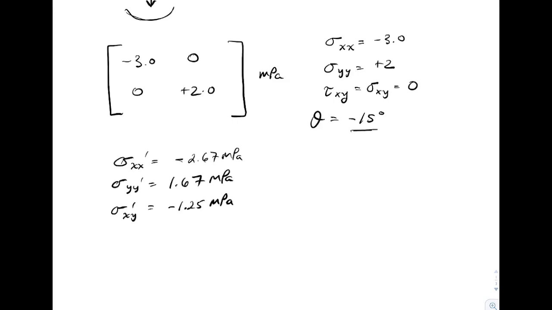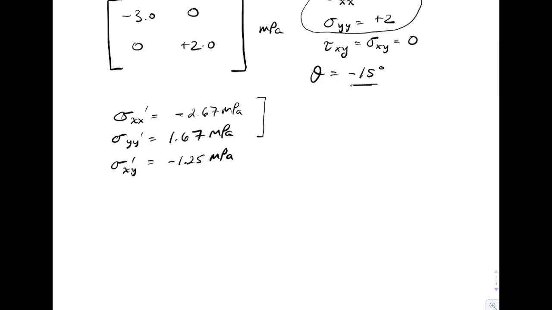Remember our stress invariant, so we can at all times add together the normal stresses. You add those two numbers together, you get -1. Back here before we transformed, when you added those together, you got -1. So the stress invariant holds.